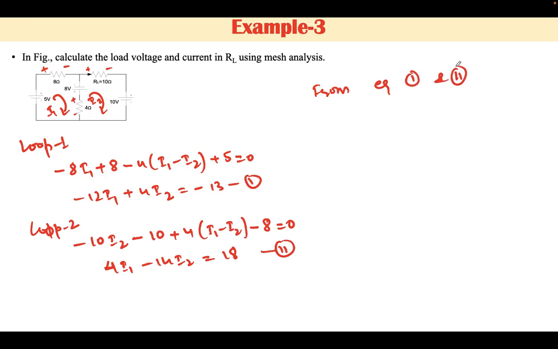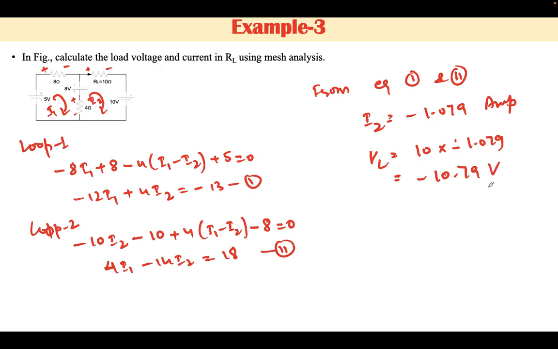From equation first and second we can find out I2 is equal to minus 1.079 ampere. Now knowing I2 we can find out VL is equal to the total resistance, 10 ohm, into minus 1.079, which is equal to minus 10.79 volt.